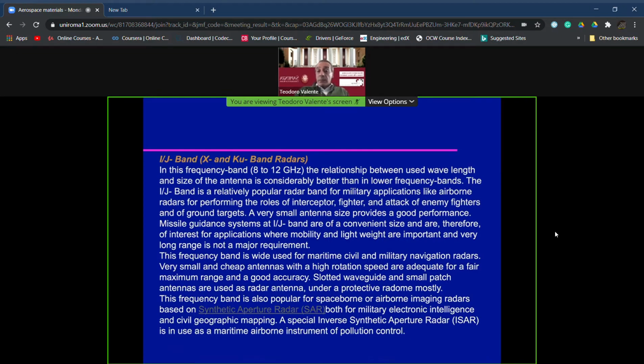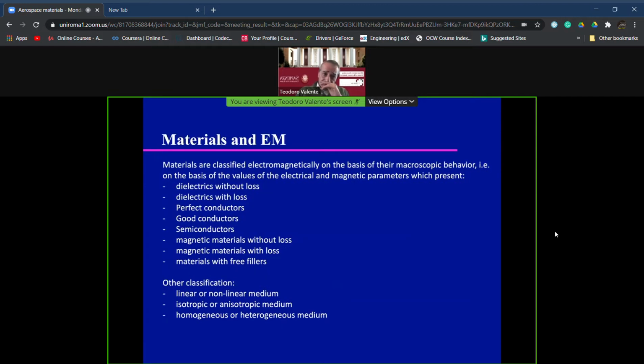This frequency band is widely used for military navigation radars, and in some cases also for civil sea navigation radar. This is just the background on the classification of the radar bands.